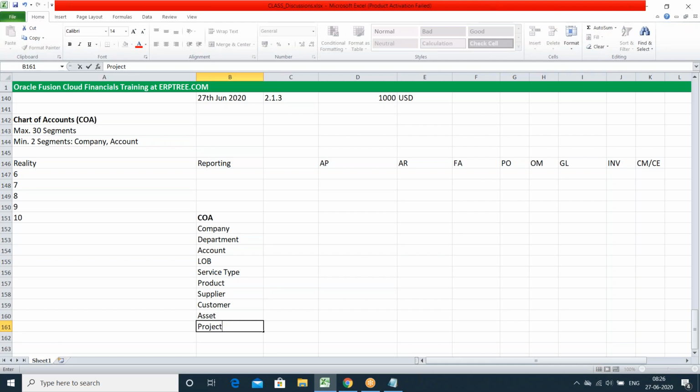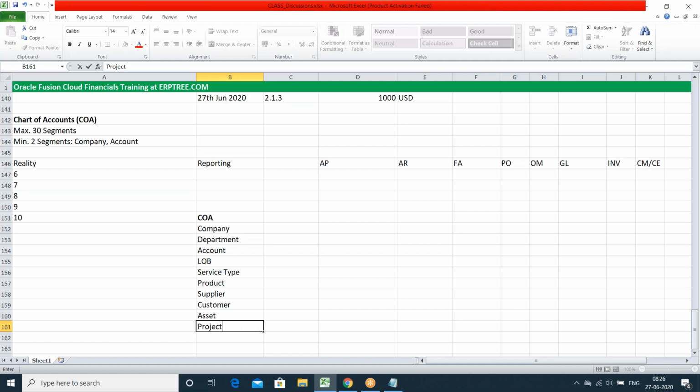We finalized 9 and they started using. After 1 year, they may need one more segment called project. If they need one more segment as a project, system will allow us to create it, but we should not create it. Oracle strongly recommends don't add any additional segments once the chart of accounts is being used. Before you start using the system, you can increase the number of segments.